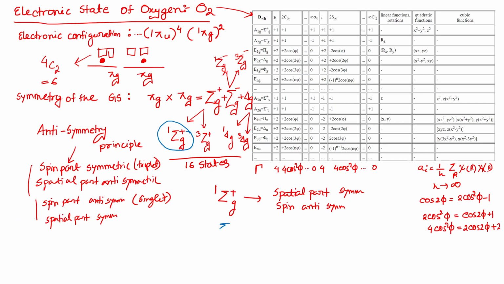In case of sigma minus G, the second one, if you see, this is not a totally symmetric one. It has some antisymmetry with respect to C dash 2 operation. So that means the spatial part is not symmetric but antisymmetric.